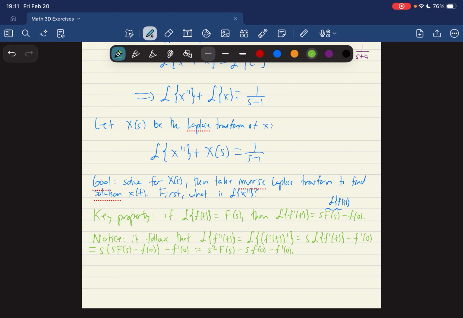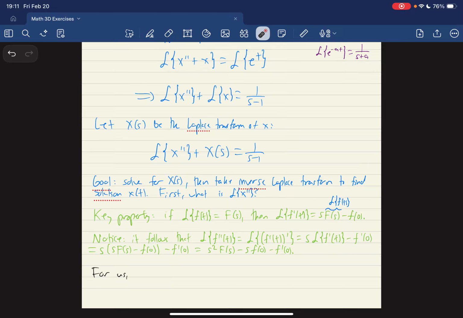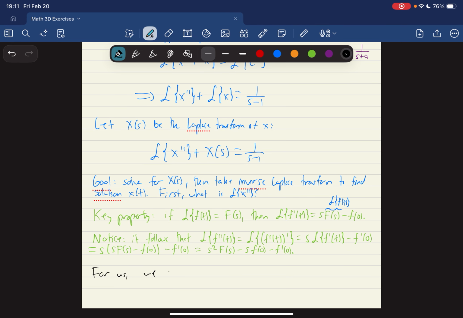Why is this useful to us? With this calculation we just did, we get that the Laplace transform of x double prime is going to be s squared capital X of s minus s times little x at 0 minus x prime at 0.